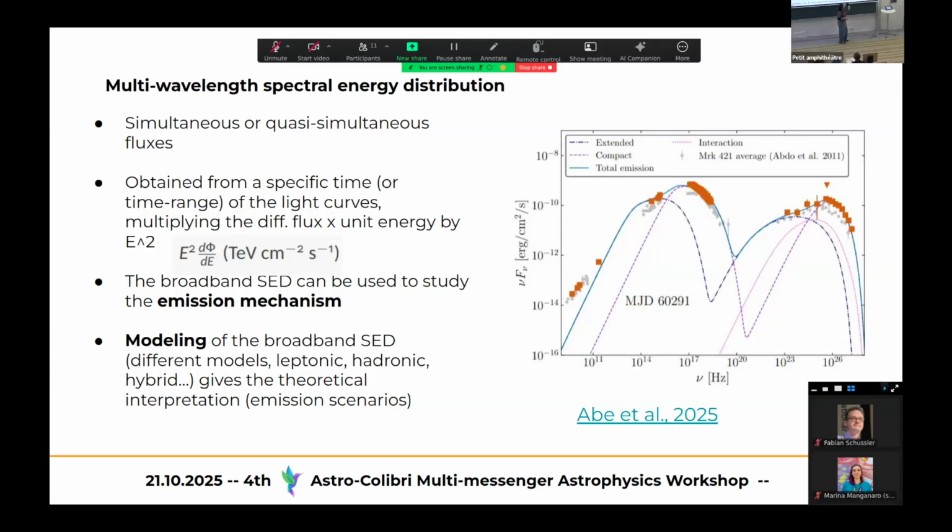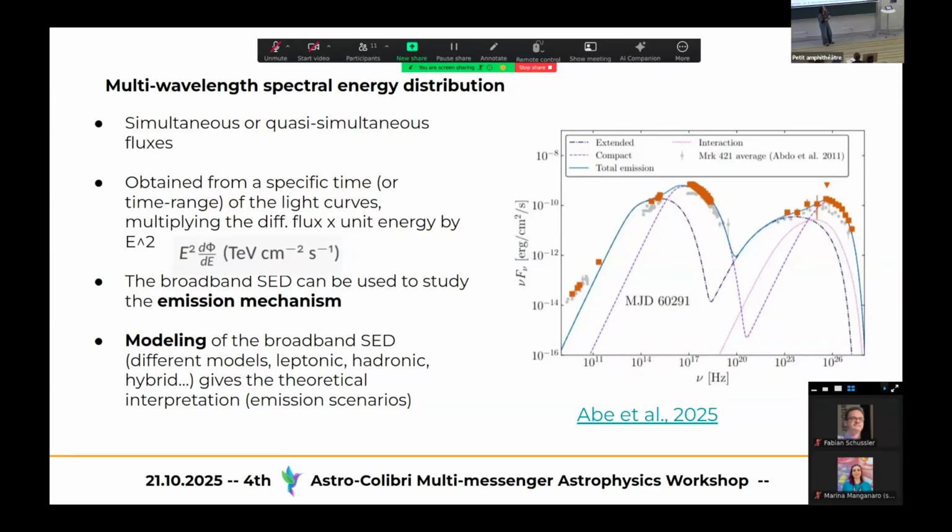When you have a multi-wavelength spectral energy distribution, this is what you need to understand the astrophysics behind the source. So what really happened there? And you do it, of course, by modeling, using theoretical models to model the camel.